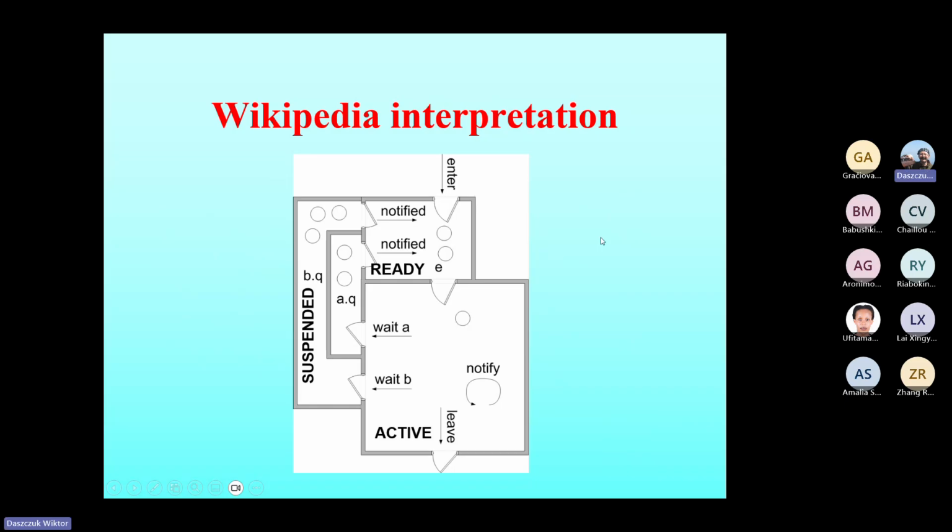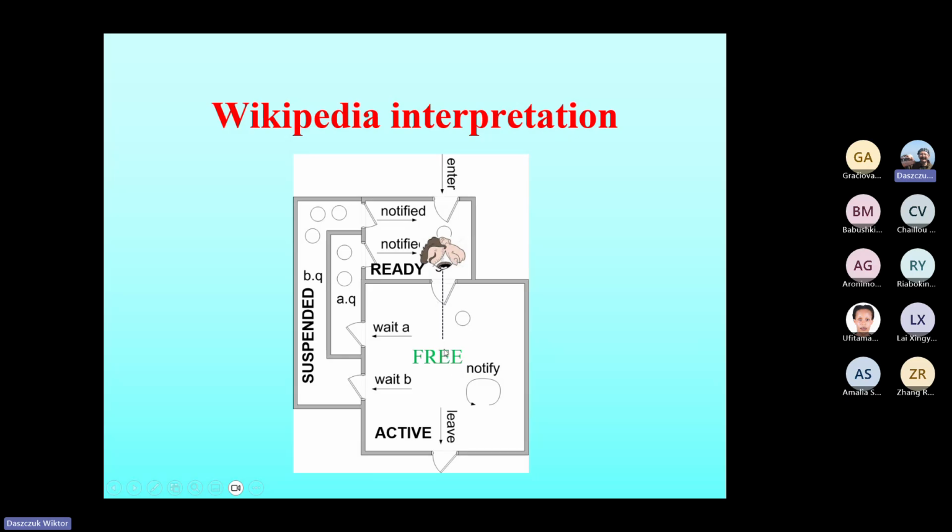This is the Wikipedia interpretation of Brinch Hansen monitor. And I added an animation to this scheme. When a process wants to enter the critical section, it looks inside the monitor.